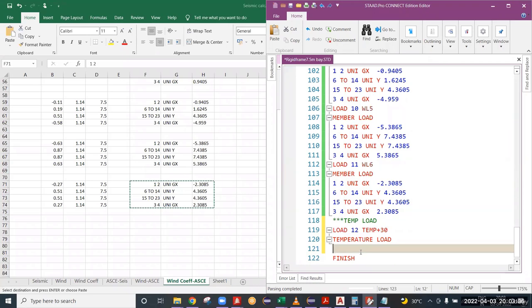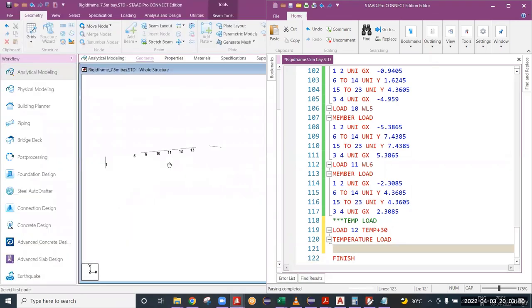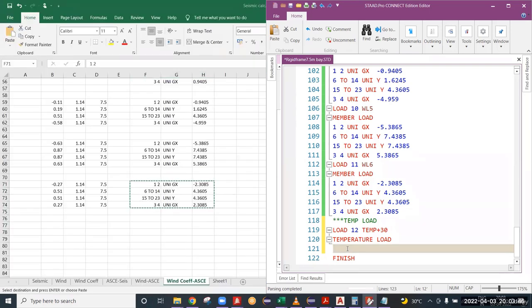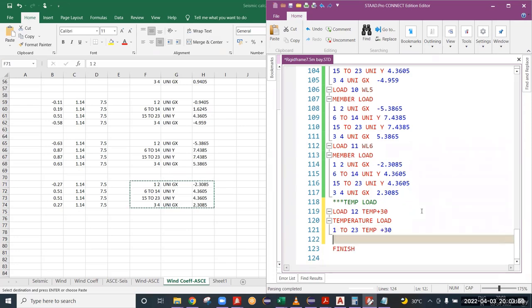So how many members are there in our structure? 1 to 23. 23 is the last number. Clear?